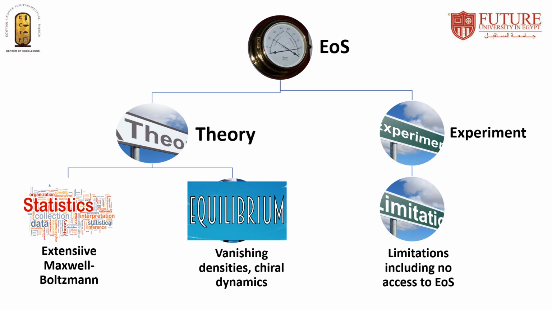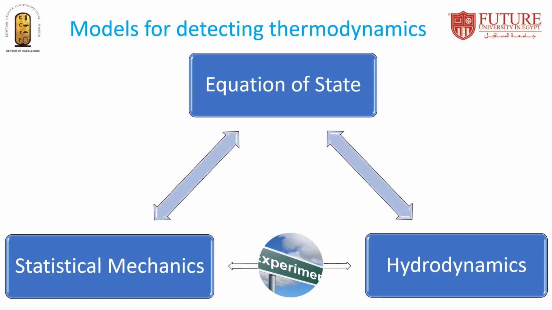How to proceed further if you are dealing with such a situation? My proposal is as follows, represented in this graph here. Well, I can start with statistical mechanics, and I can start with the hydrodynamical models and so on. Statistical mechanics, not necessarily Boltzmann.